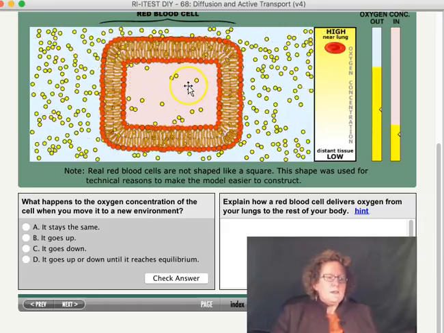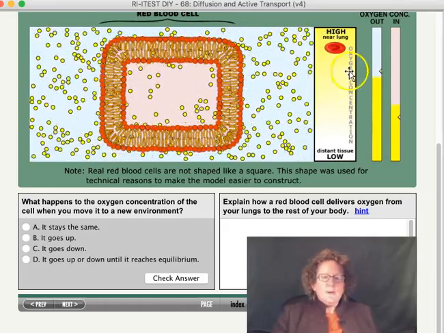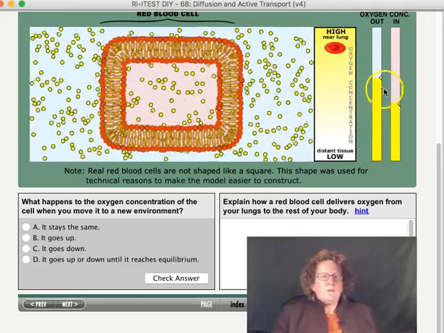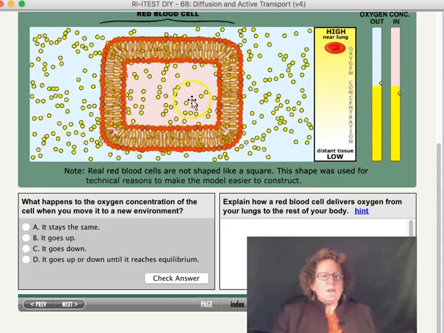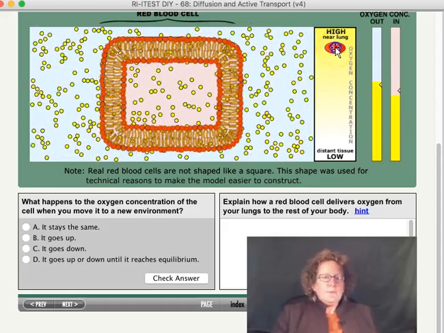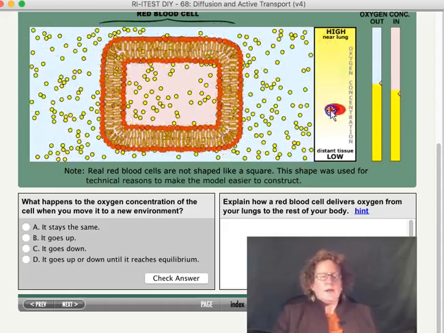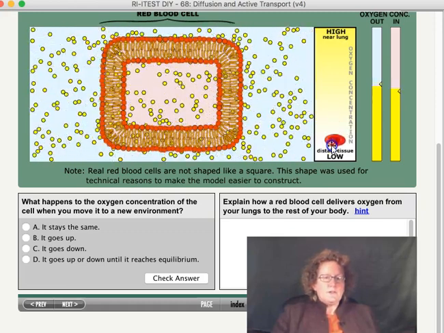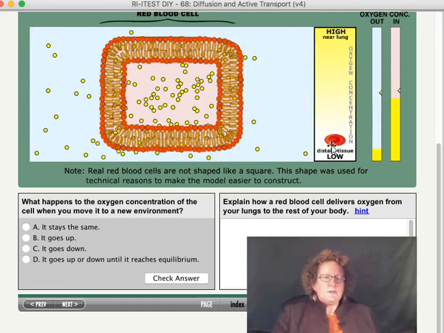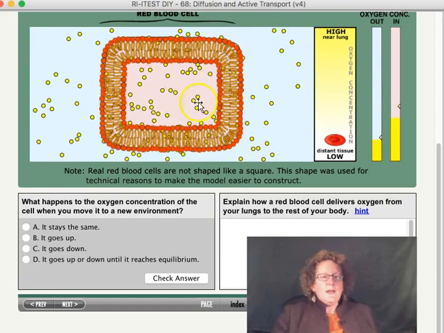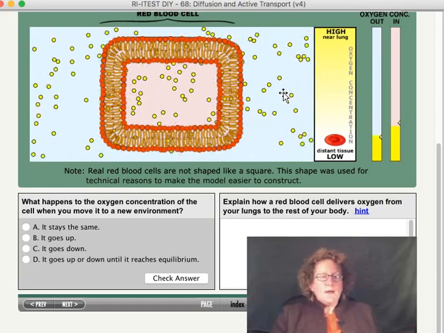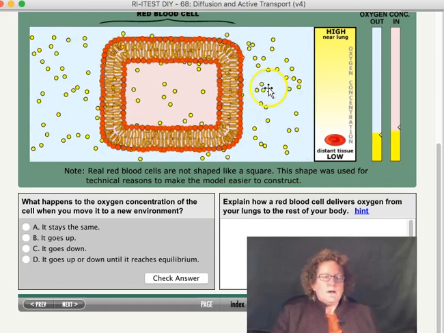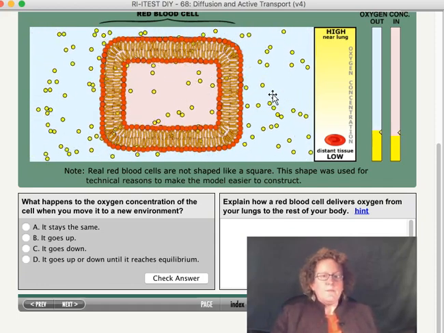There's low oxygen on the inside of the cell, but quickly it comes to equilibrium. The red blood cell fills up with oxygen. Then when we take it on a ride to a part of the body where there's a low oxygen concentration, because the cells are doing cellular respiration and making ATP, that oxygen diffuses out of the cell and into your tissues, so out of the red blood cell and into, say, your muscle cells.